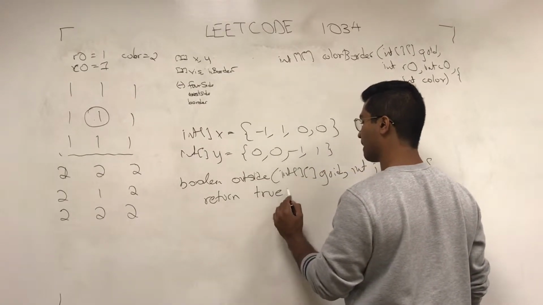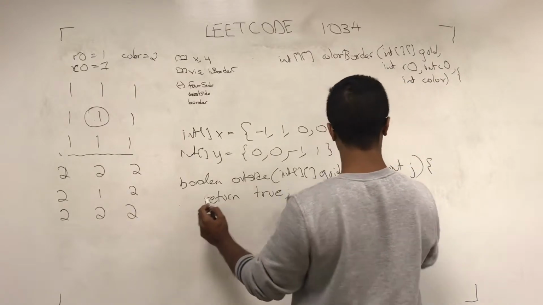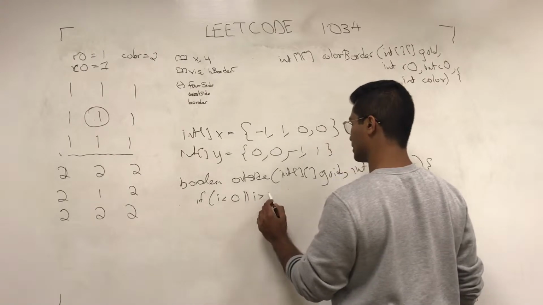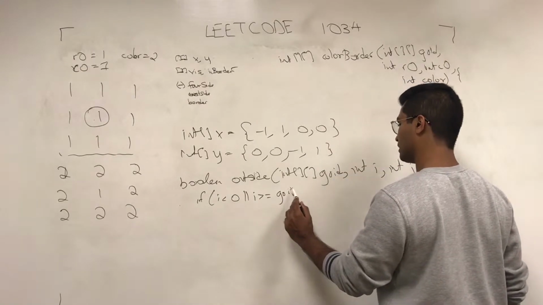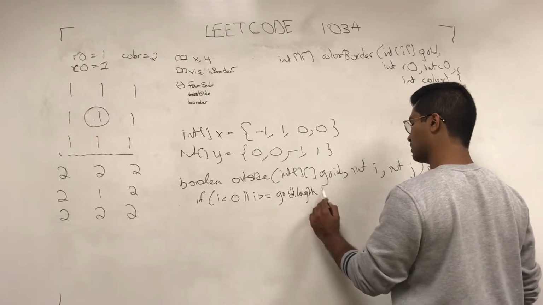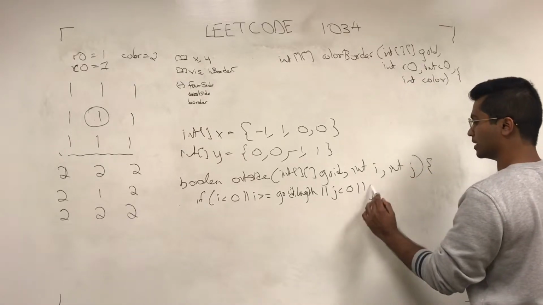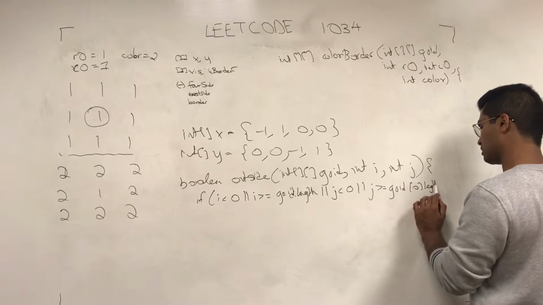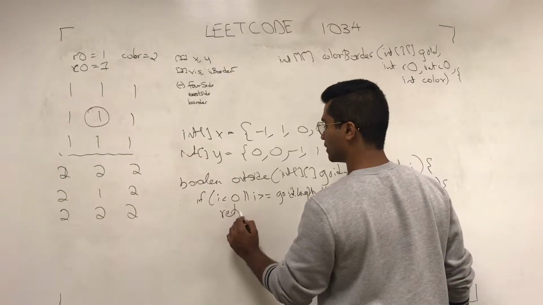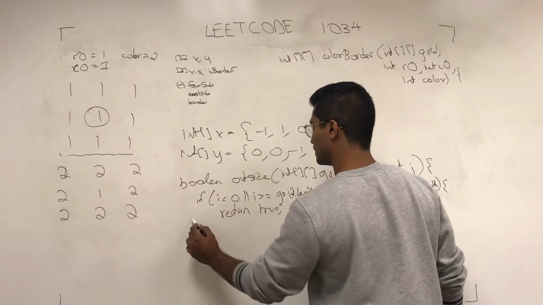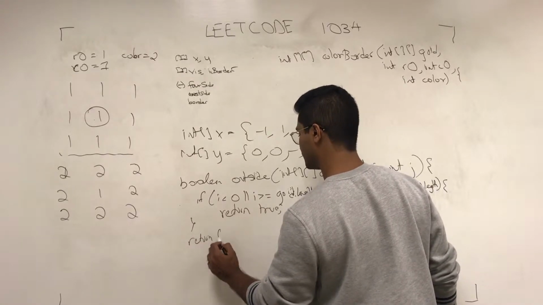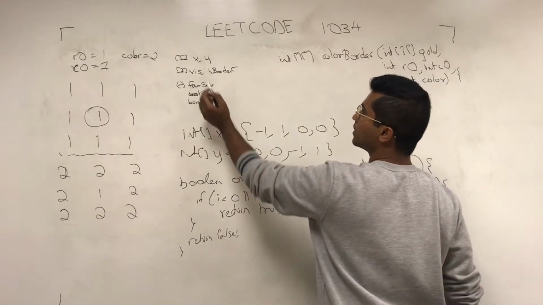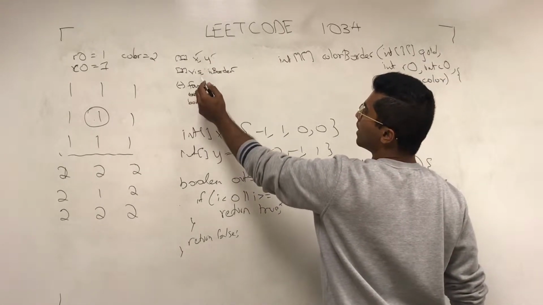If i is less than 0 or i is greater than or equal to grid.length, or j is less than 0 or j is greater than or equal to grid of 0.length, you return true, else you return false. That's the helper.